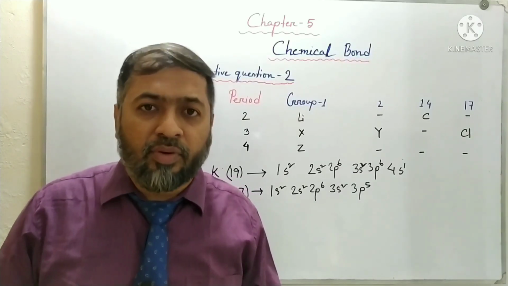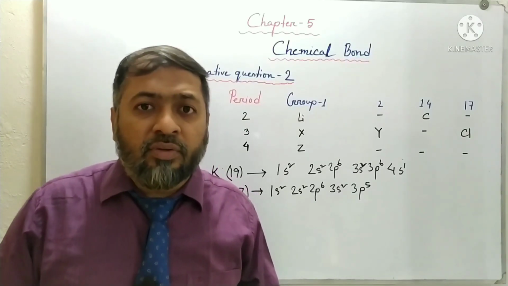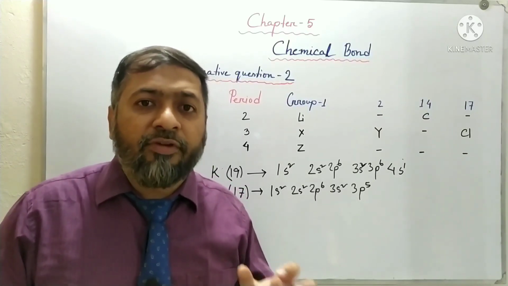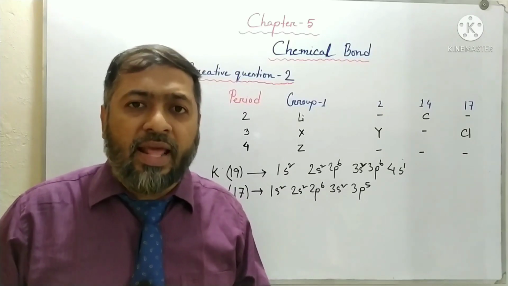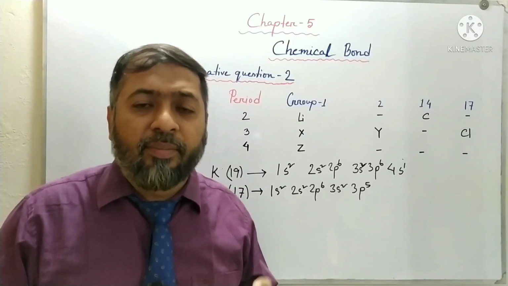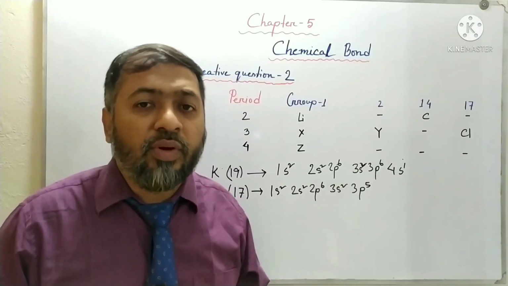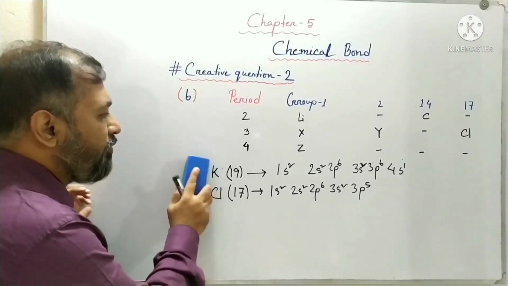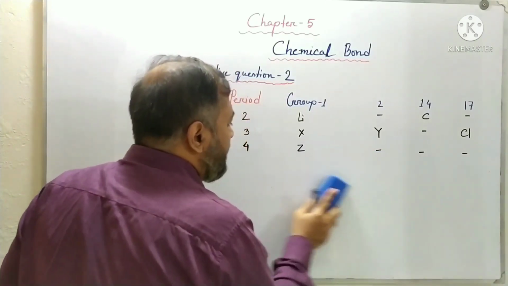So what is an ionic bond? The force of attraction that binds two different ions, cation and anion, or the electrostatic attraction force that binds two different ions, is known as an ionic bond. So what will happen? How is this bond formed? I am going to discuss these topics.